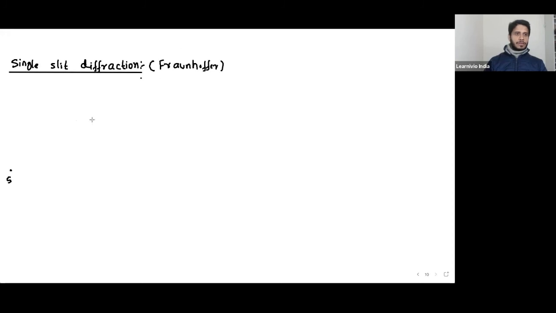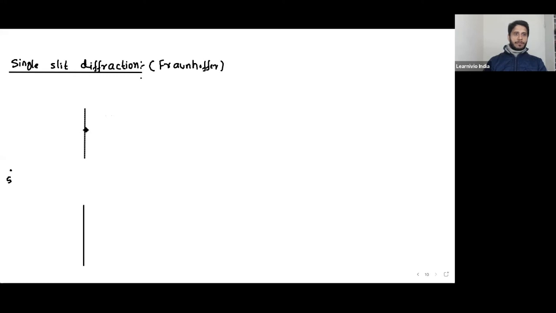This is your single slit. For Fraunhofer, the separation between this source and the single slit should be infinite. They should be at infinite separation from each other.